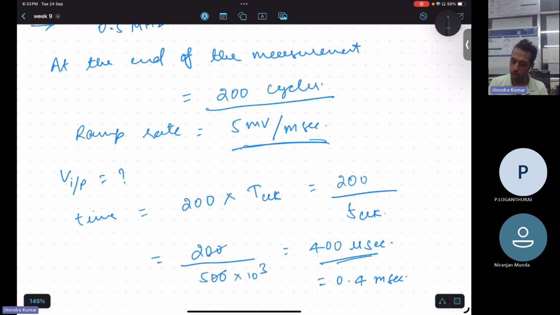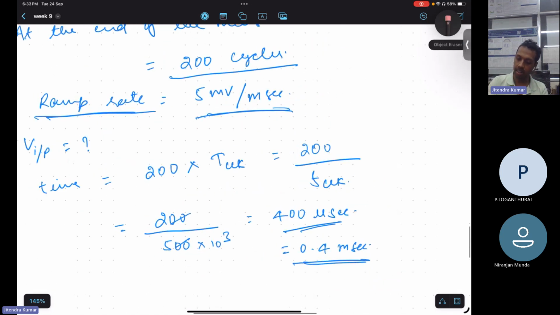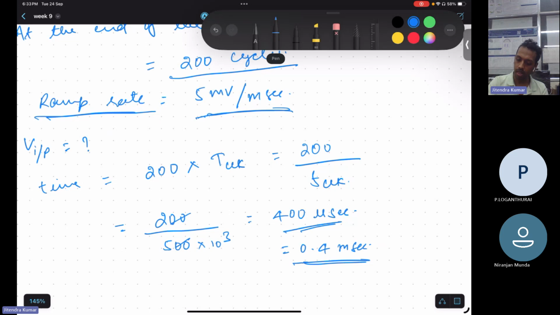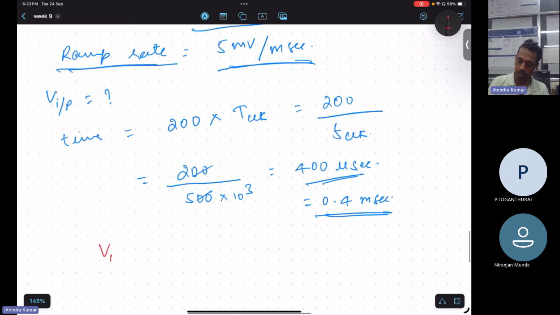Okay, so now we have the total time for which the counter ran before stopping, and we have the ramp rate. So we can now easily find our input voltage: 0.4 millisecond into the ramp rate of 5 millivolt per millisecond.